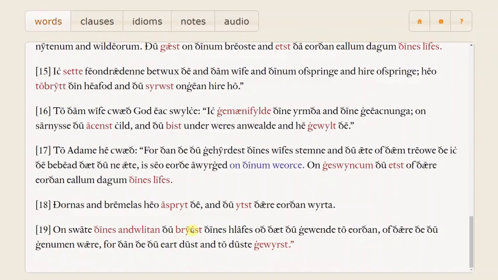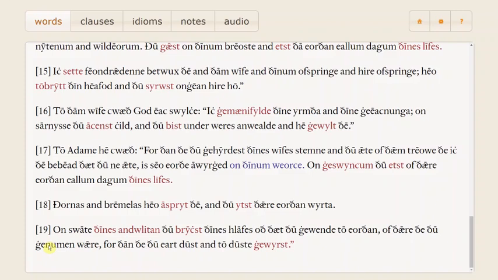God is giving his judgment here, saying in line 19 that you will have your bread and you will eat it until you return to earth, and then says of there that you taken were. So here we have what looks like another passive with the verb to be and a lexical verb, but they're in the other order.